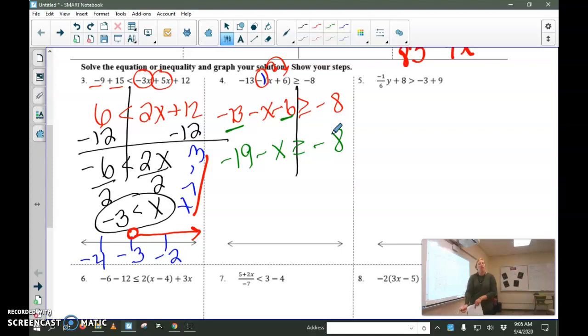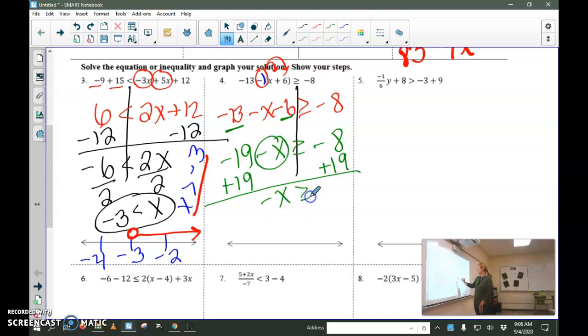Now I'm down to my two-step inequality, so I can use my inverse operations. I'm going to add 19 to both sides to undo that -19. Remember, I have to bring down all of this: -x greater than or equal to 11.